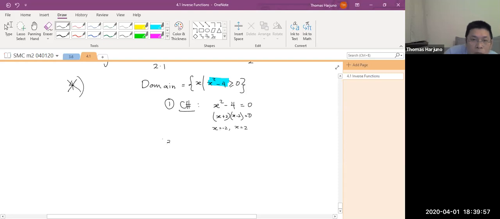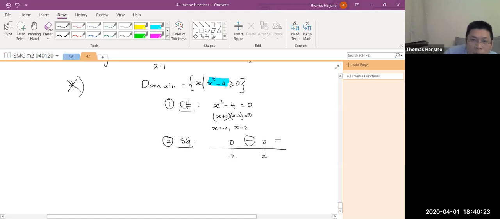Now step 2, the sign graph. Negative 2, positive 2. Both of them are the zeros of x squared minus 4. If we happen to know the graph of x squared minus 4, it's like this. So this is negative here. You see that's the y-intercept, 0, negative 4.